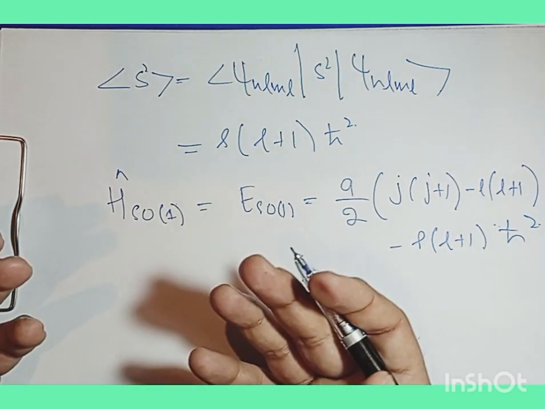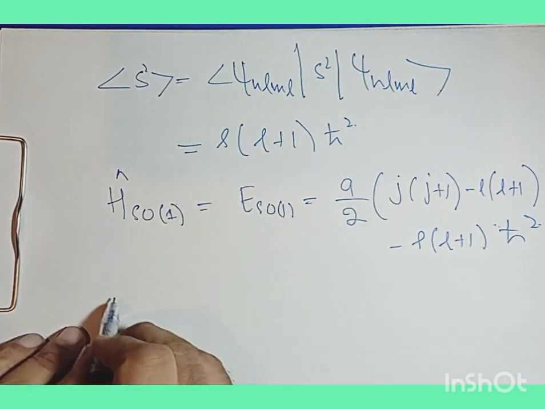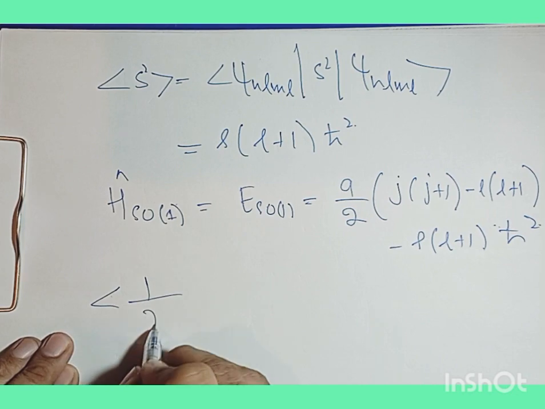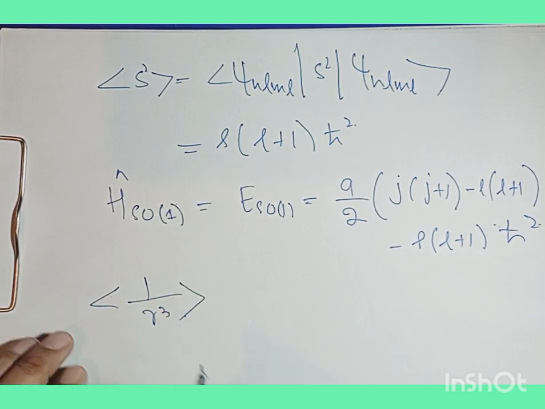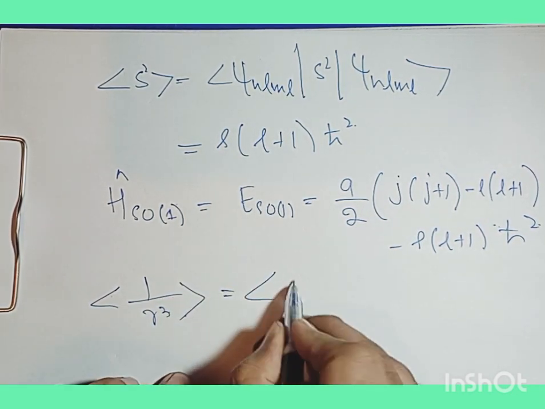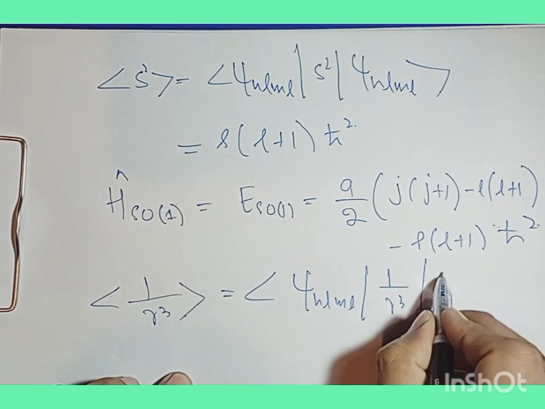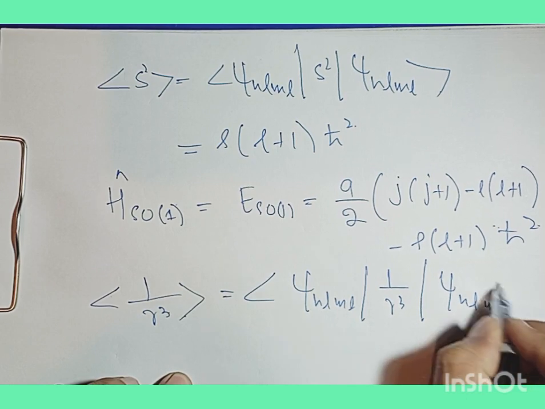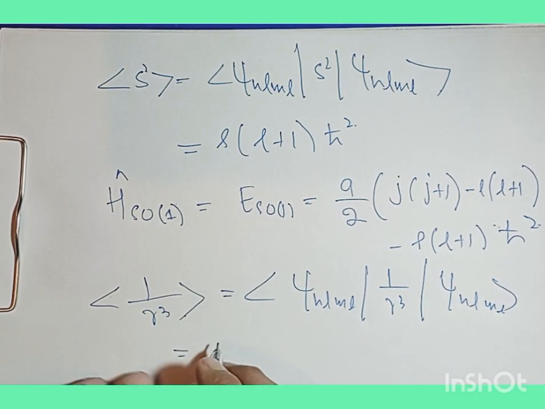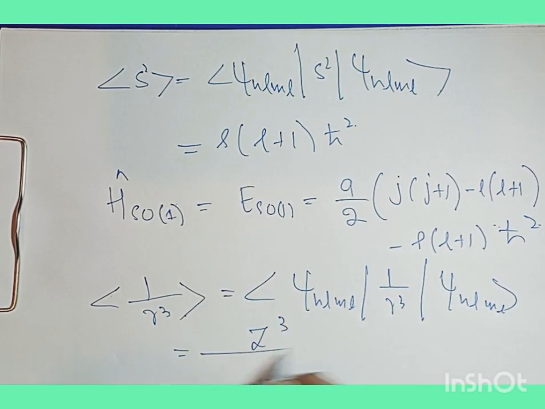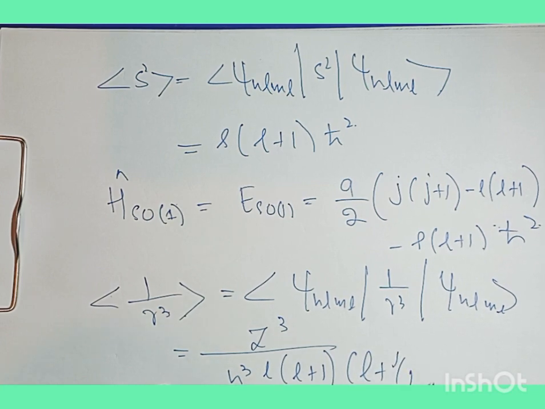And then we have another term that I talked about, the expectation value of 1 by r cube. This expectation value, psi n L m_L, 1 by r cube, psi n L m_L, comes out to be Z cube by n cube L times L plus 1 times L plus 1 by 2.